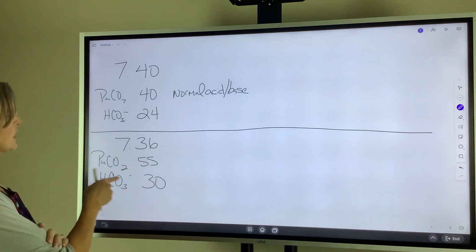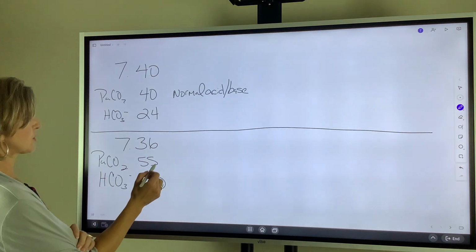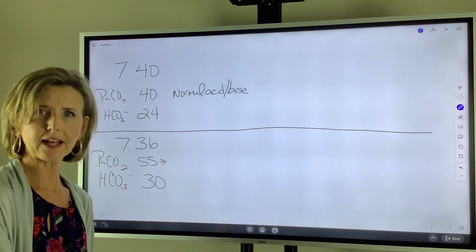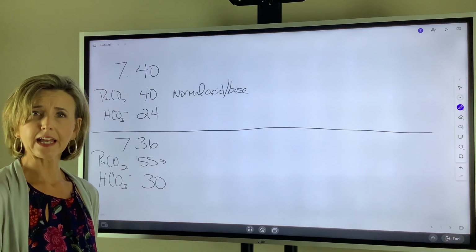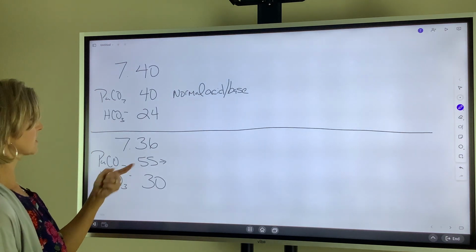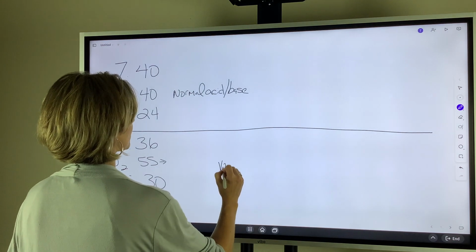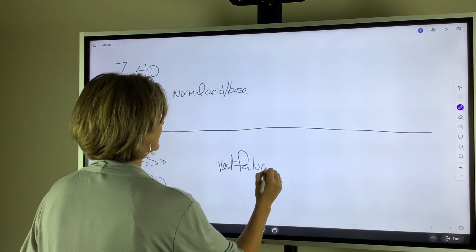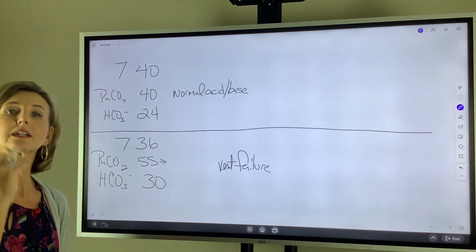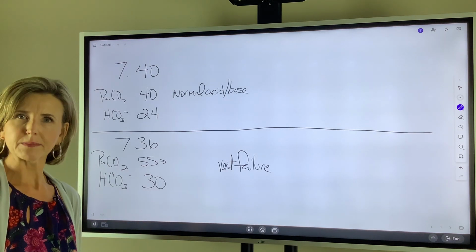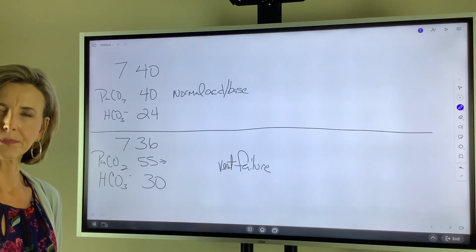If we look at this, see how this CO2 is elevated? Anytime the CO2 is elevated, you can safely say a person has ventilatory failure. So right now, just looking at that CO2, I know this person has vent failure. Anytime that CO2 climbs above typically 50, we typically call it ventilatory failure.